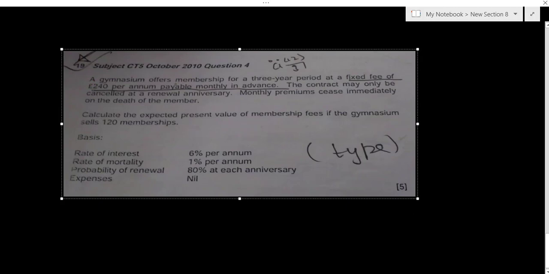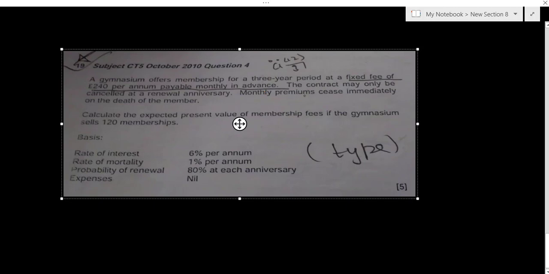A gymnasium offers membership for a 3-year period at a fixed fee of rupees 240 per annum payable monthly in advance. So a 3-year membership is there, and the fee is payable monthly in advance.